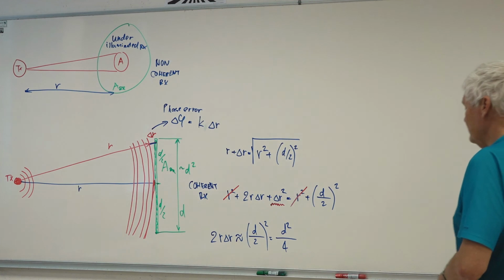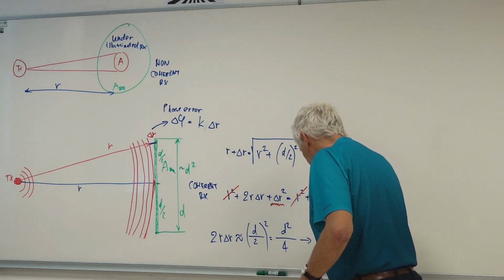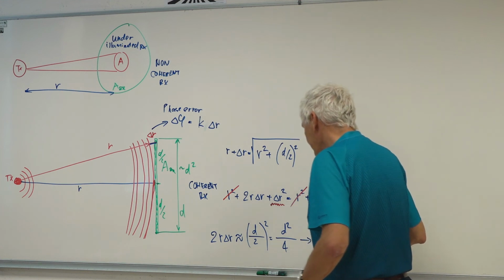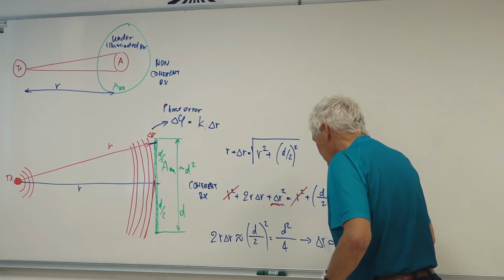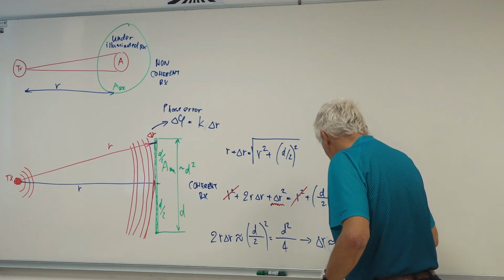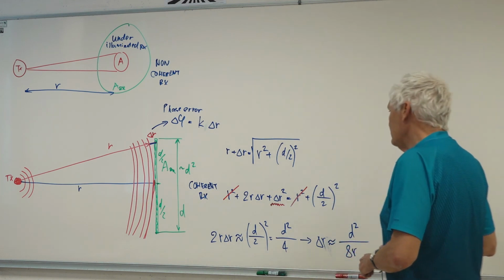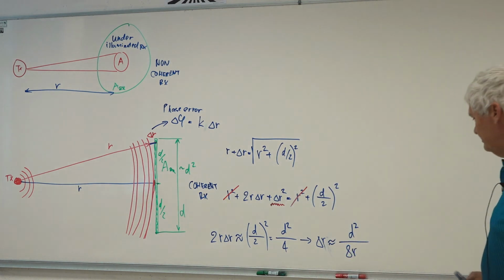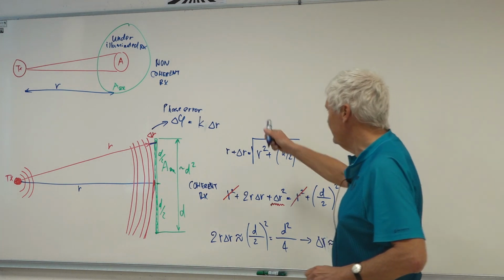Or if I try to compute delta R, it is now approximately, I should take the approximate sign, d squared over 8R. So we have this error quantified here.